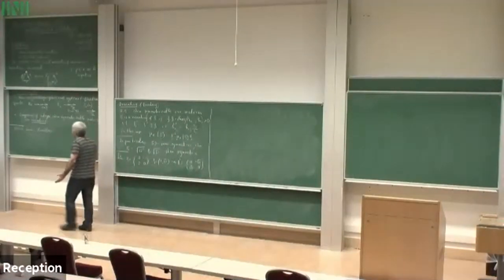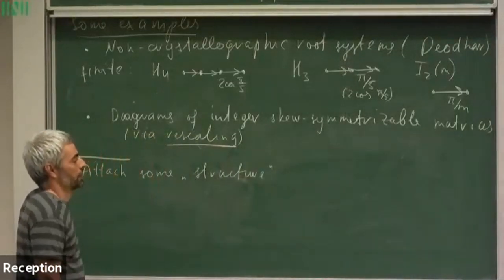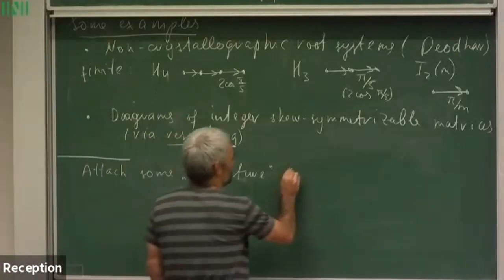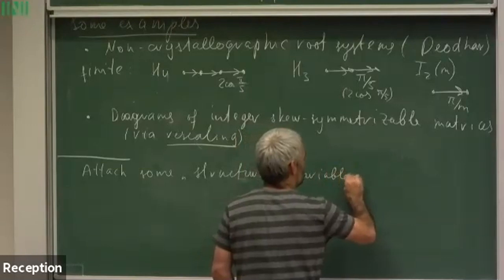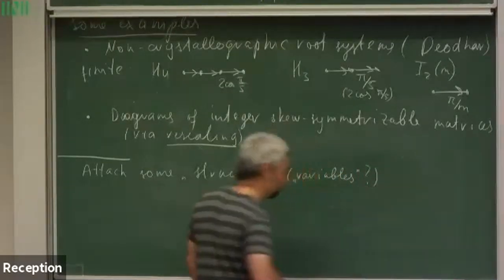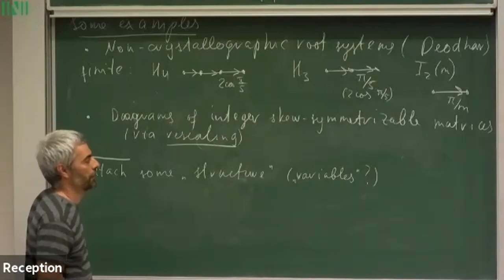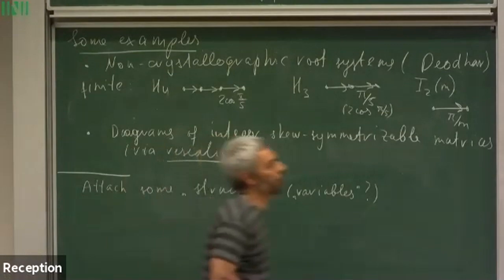Now the question: can we do anything like that here? So what about some variable or something like that? Some observation by Philippe Lampe shows that there's not too much hope for x variables.